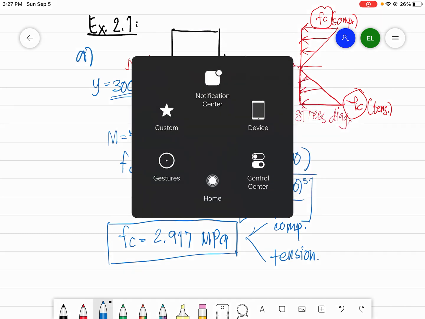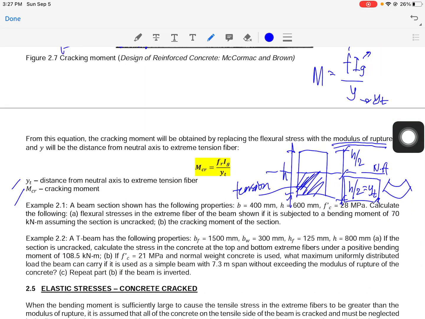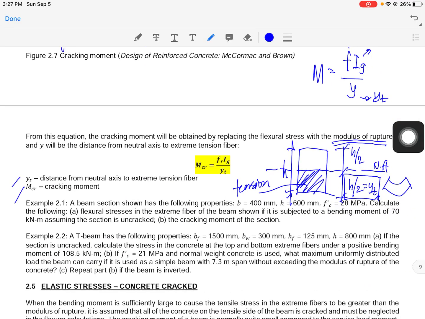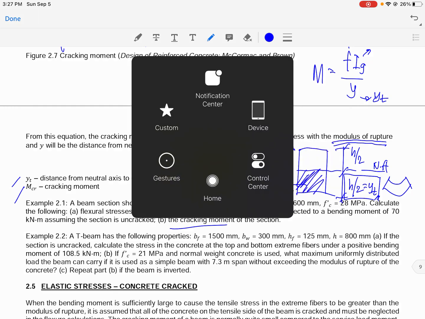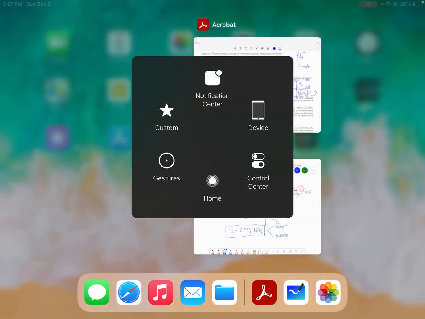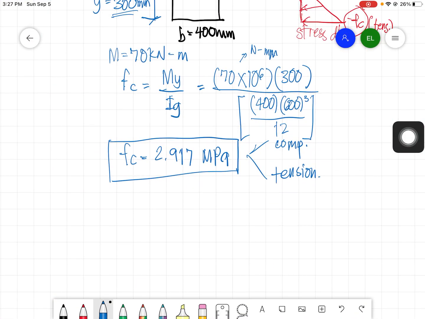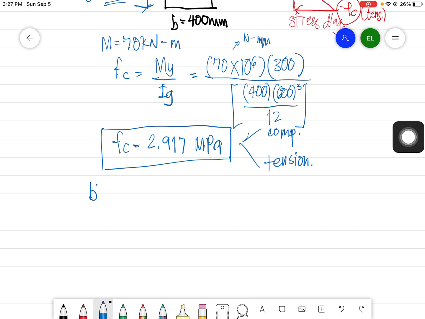Then for letter B, we are tasked to determine the cracking moment. For the cracking moment, we have this formula earlier that Mcr is equal to fr times Ig over yt.